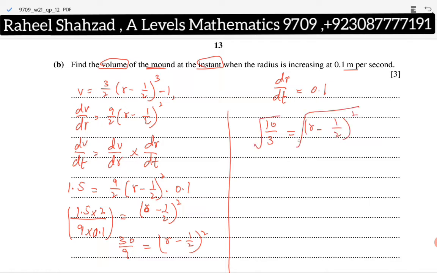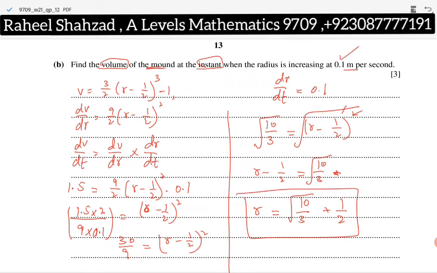We take square root on both sides, so r minus 1 by 2 is equal to root of 10 by 3, and in next step we can take r is equal to root of 10 by 3 plus 1 by 2, right? So this is the radius at this instant when the volume of the mound is to be found. So yes.